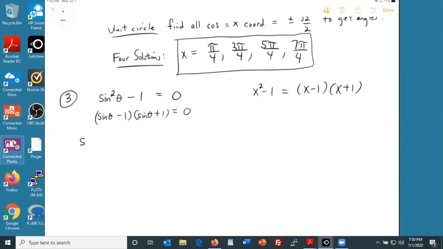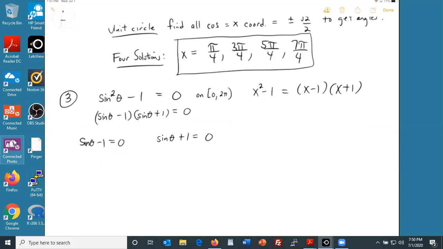We take each factor, like sine of theta minus 1, bring it down, set it equal to 0. Same thing for the second factor, sine of theta plus 1, set it equal to 0. Oh, and also, again, we'll be solving this on 0 to 2 pi. Finite solutions for right now.